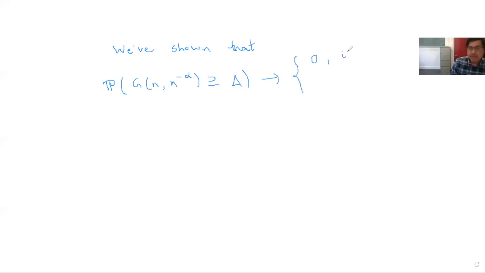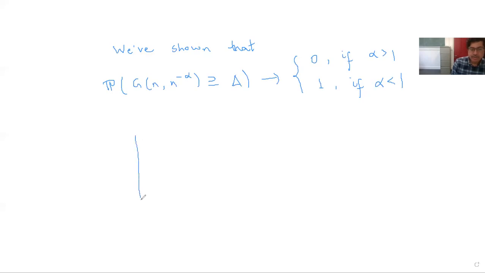So we've shown that the probability that the random graph, the Erdos-Renyi random graph G(n,p) with p equals n to the minus alpha, contains a triangle tends to 0 if alpha is bigger than 1 and tends to 1 if alpha is smaller than 1.